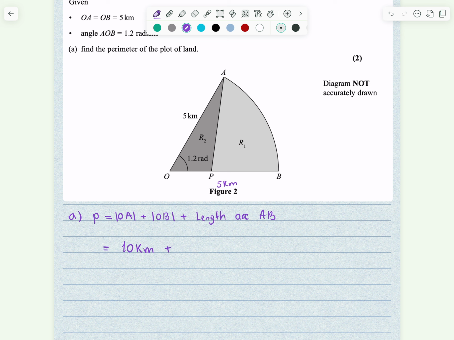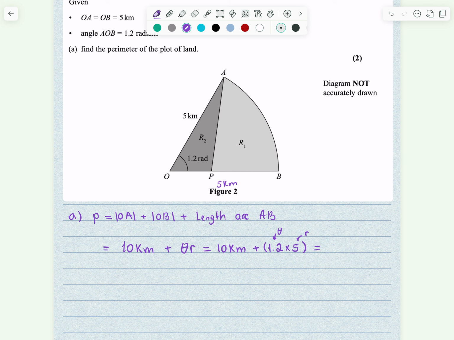Okay, length of the arc: if the angle is given in radians, the length of the arc can be calculated using theta r. So that's 10 kilometers plus 1.2 multiplied by 5, where 1.2 is theta, and that is the radius of the sector.